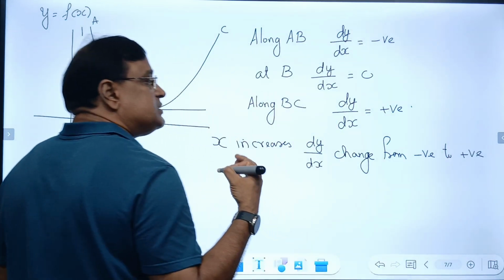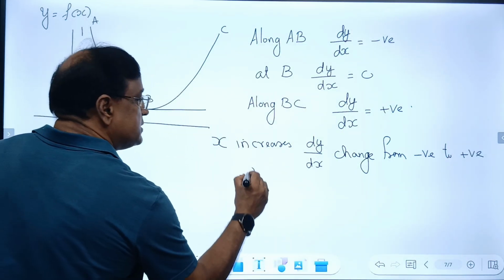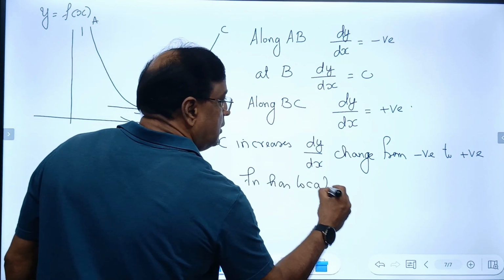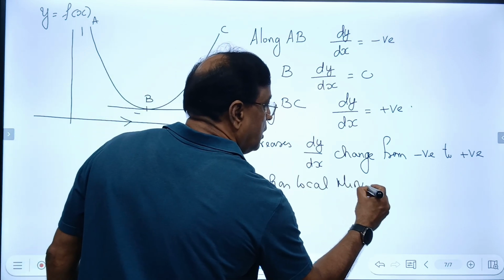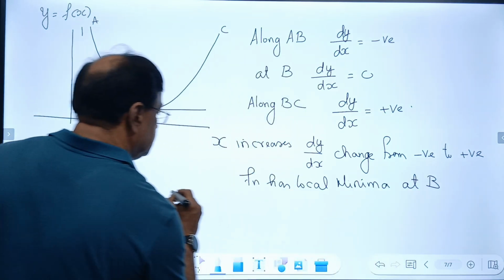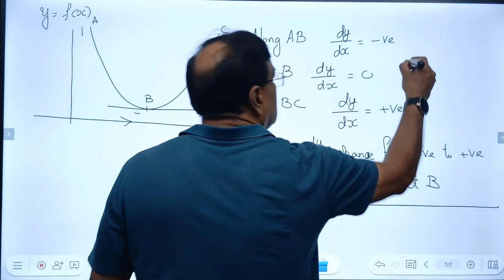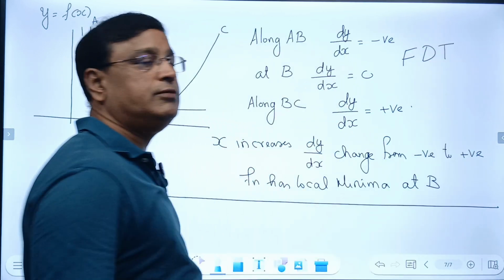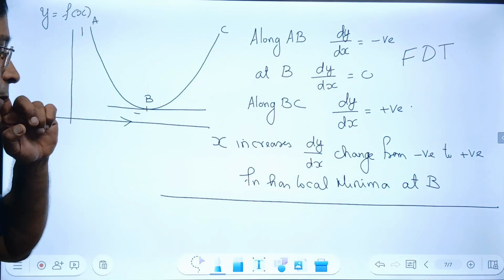If dy by dx changes from negative to positive, you can say the function has local minima at B. And this is called the first derivative test.